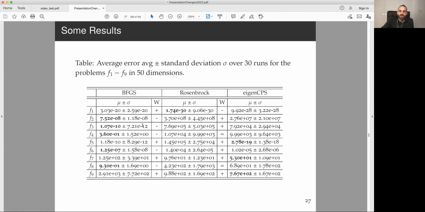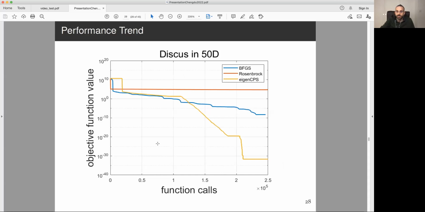And BFGS is gradient based. It makes an estimation of the gradient, and is another classical algorithm that requires checking. It's a very good algorithm, this BFGS. On some problems it outperforms our Eigen-CPS, and on some others it is outperformed by us. So it's possibly competitive depending on the problem that we are looking at.